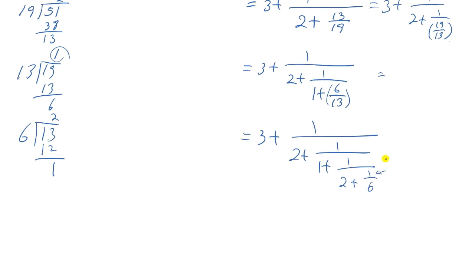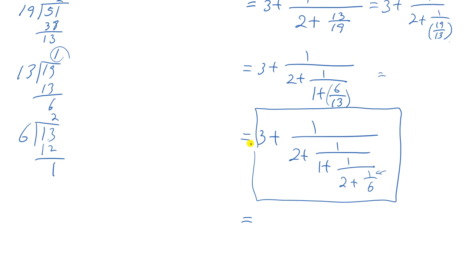So it becomes 1. Then we know it's time we can stop here, right? So you can write down this one. Oh, this is the answer, right? This is really the finite simple continued fraction form, but in our notation, the simpler one is 3 semicolon 2 comma 1 comma 2 comma 6. Okay.